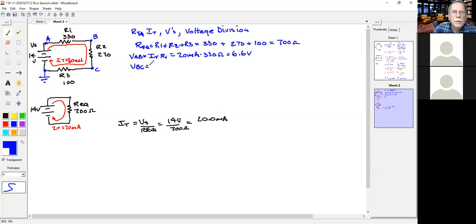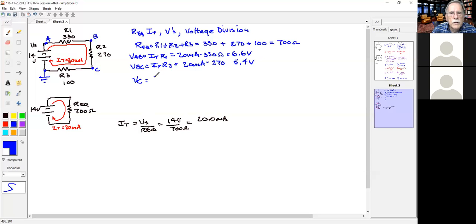VBC, between B and C, we have R2, so it's IT times R2, 20 milliamps times 270, 5.4 volts. And just to be different, let's find VC to ground using voltage divider.